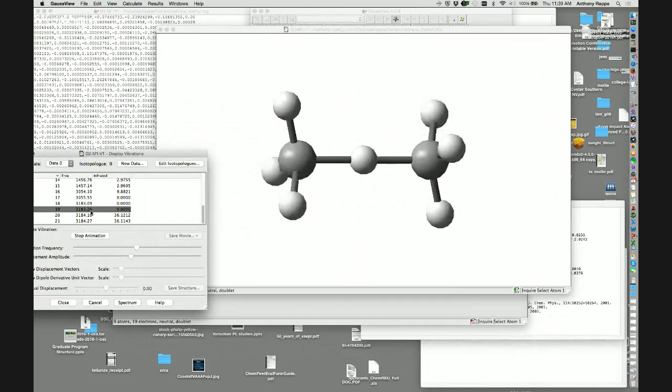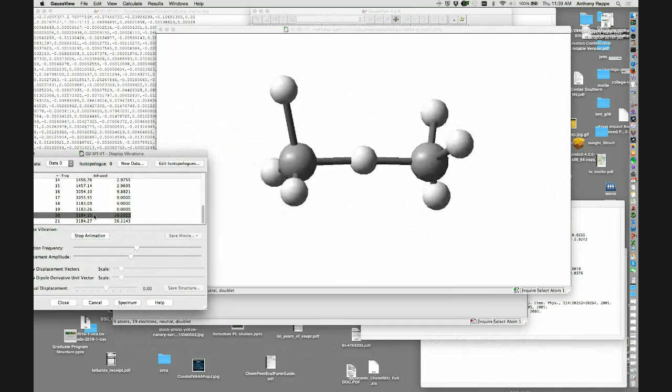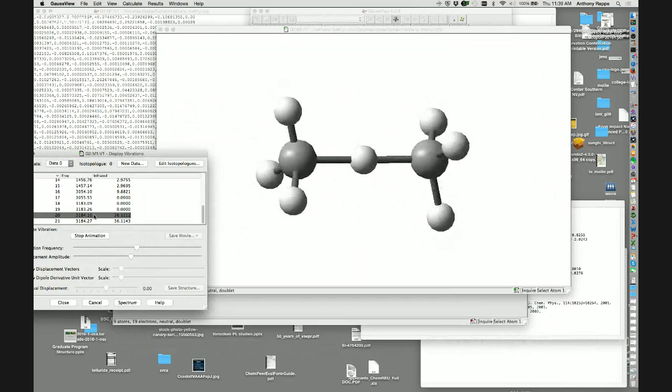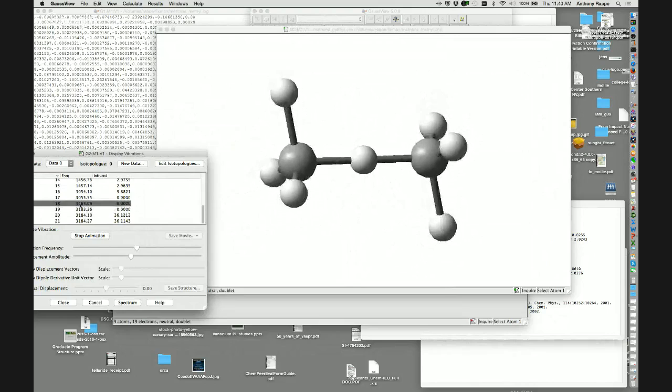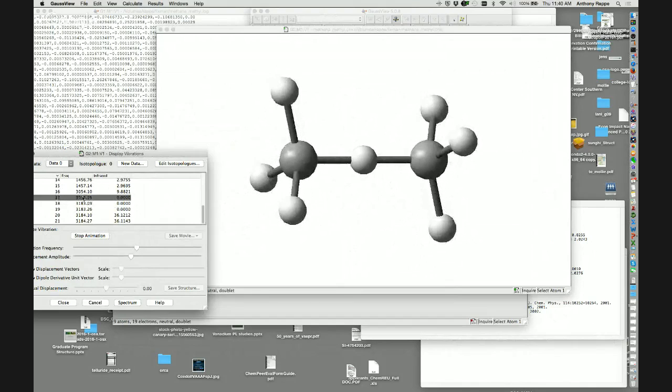So let me go through the ones around it. See over here, this one is moving and this one is being left out. It has the same energy as this one, where the other two aren't happening so much, and so they're degenerate with respect to each other. There we have the symmetric one.